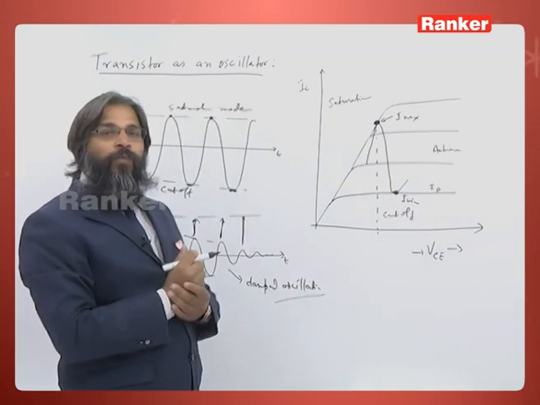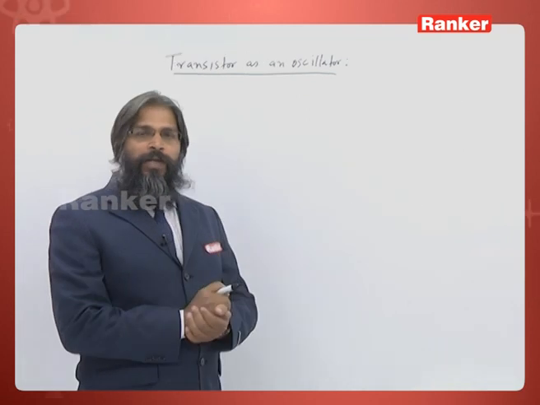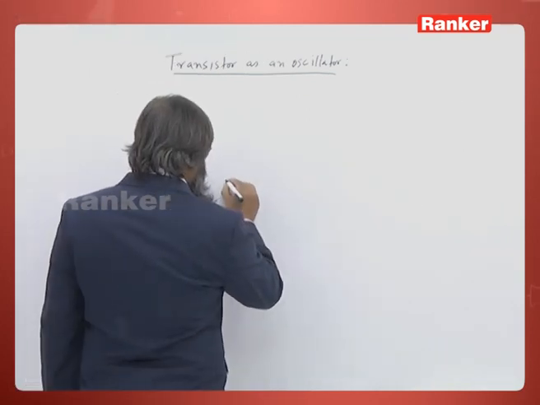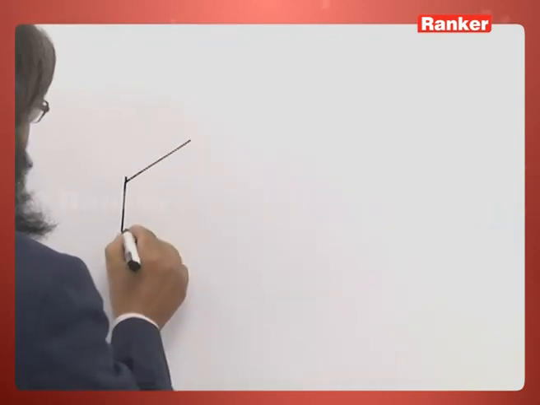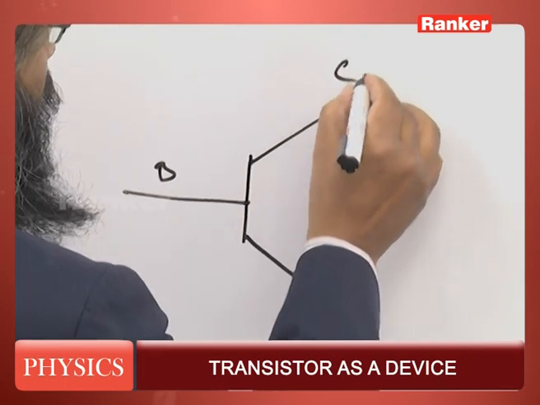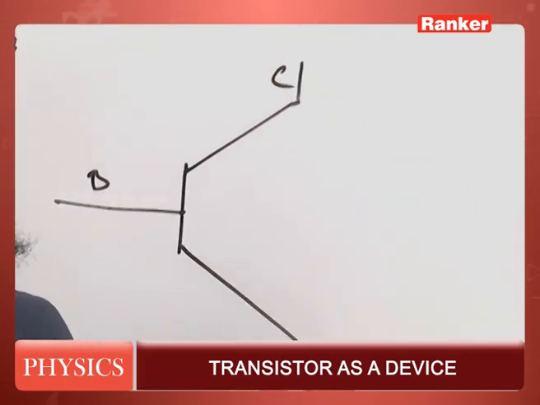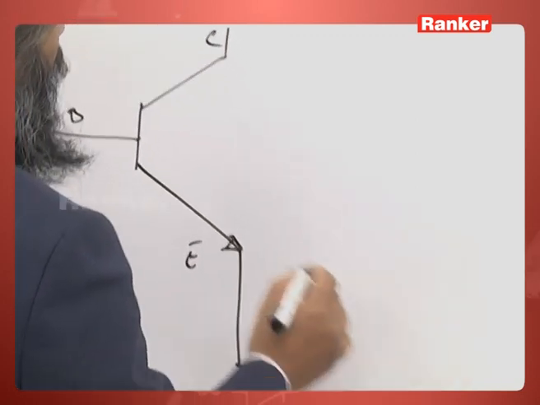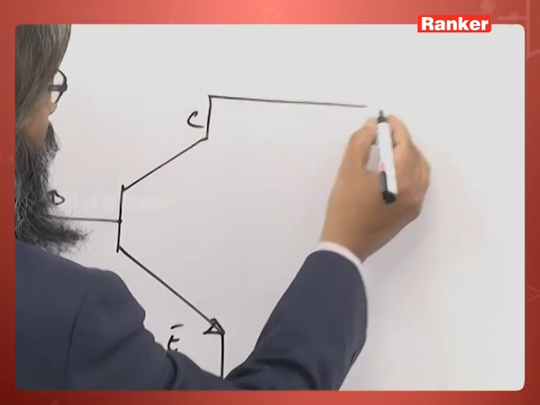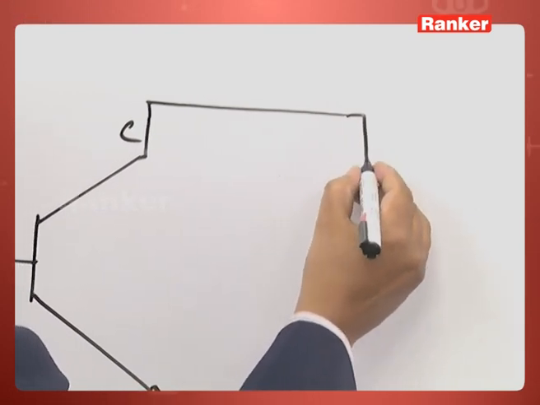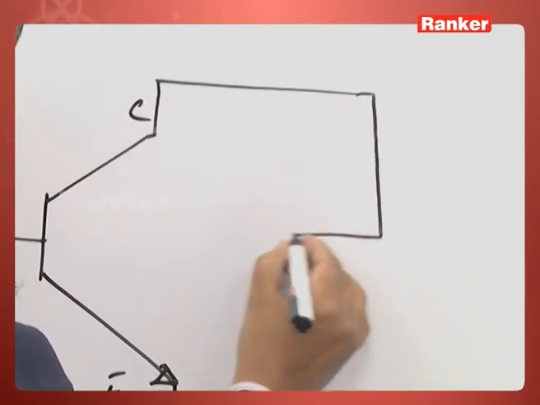Let us see how we can do so. Now, let us see the connections. This is my transistor with this as base, this as collector, and this as emitter. Here the collector is connected to an LC circuit.